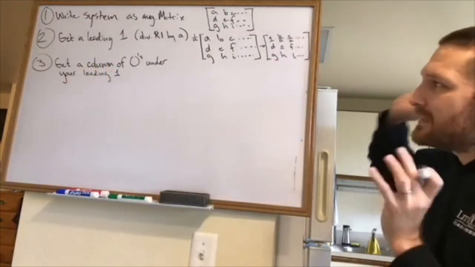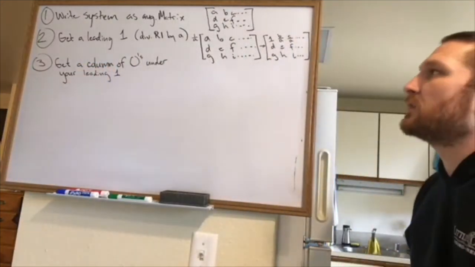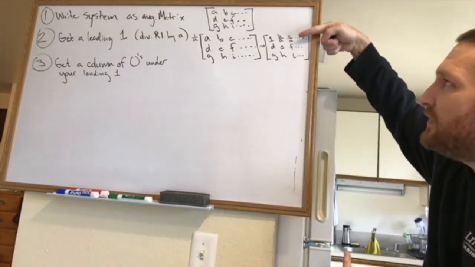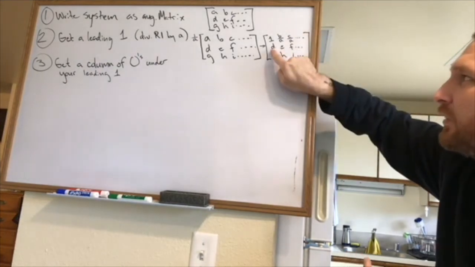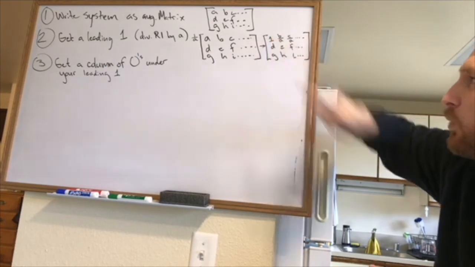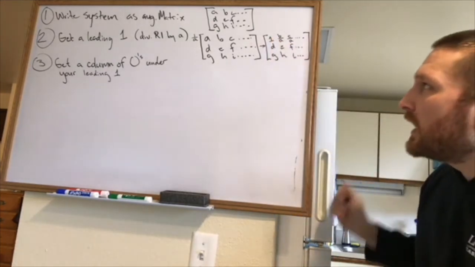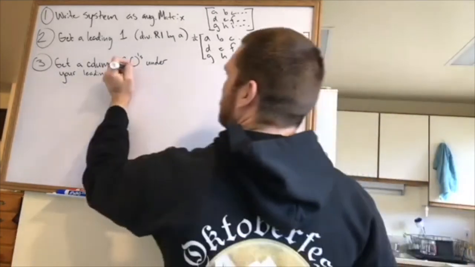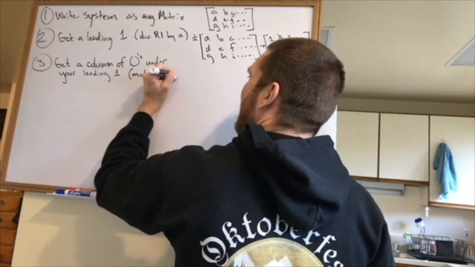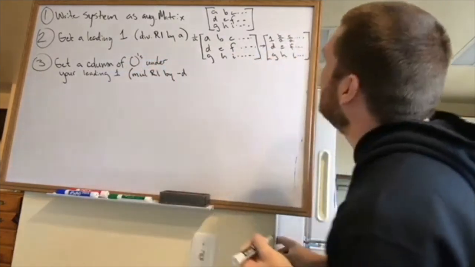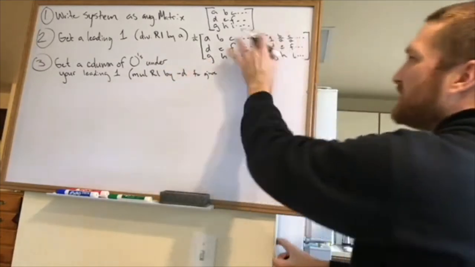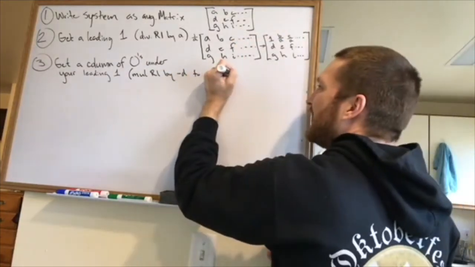And this is why we put a 1 there in the first place, because now it's pretty easy. I'm going to add this row to this row, and I need to kill that D. So I need to make that 1 a negative D. What do I do? Well, I multiply row 1 by negative D to give, it's going to be ugly, but it'll be negative D.